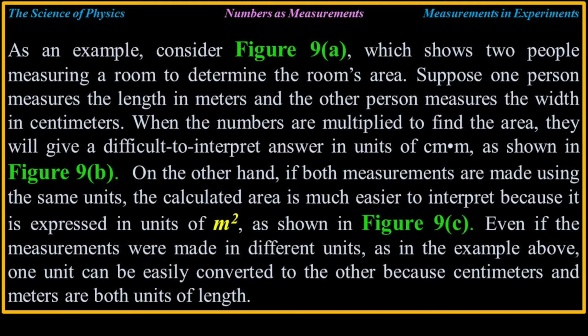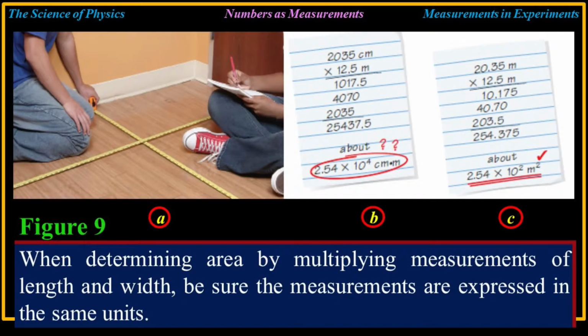Even if the measurements were made in different units, as in the example above, one unit can be easily converted to the other unit because centimeters and meters are both units of length. Or it could be feet or yards, because you can convert those, but you can't measure it in pounds. That would make no sense, or kilograms.